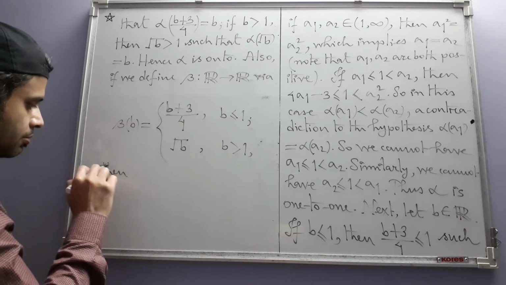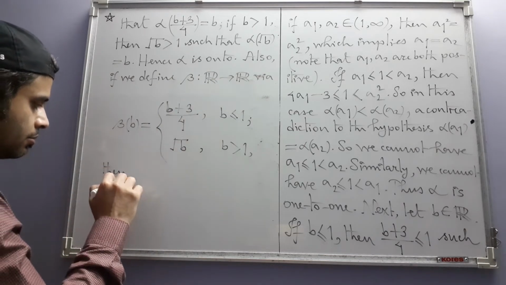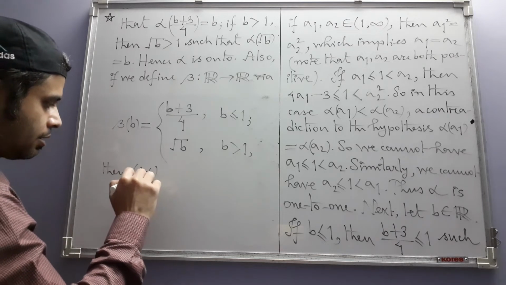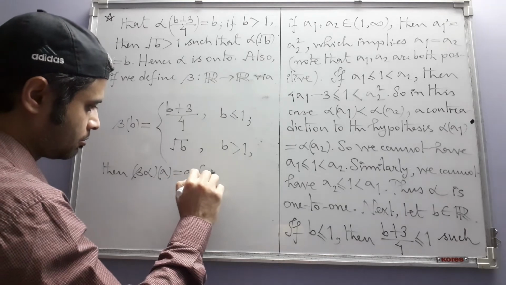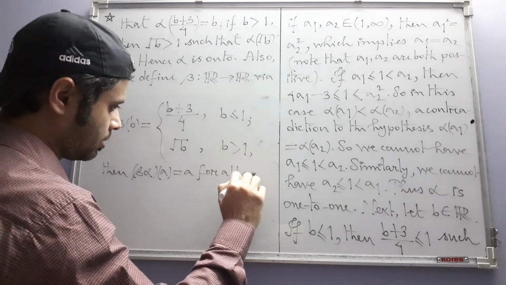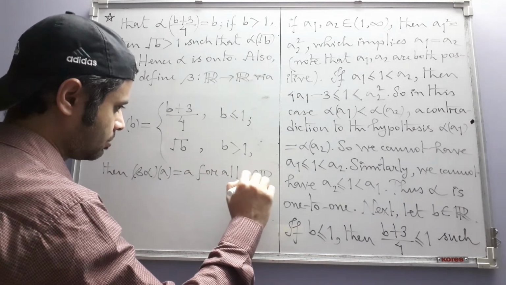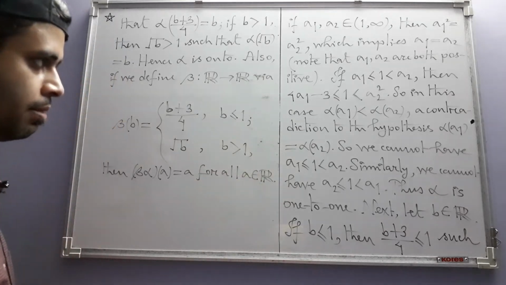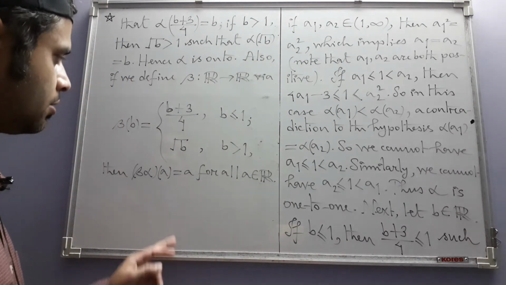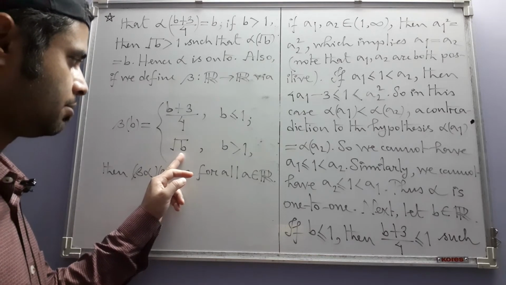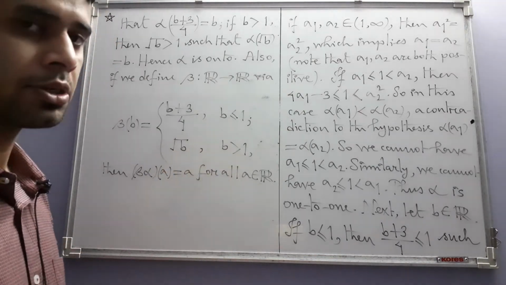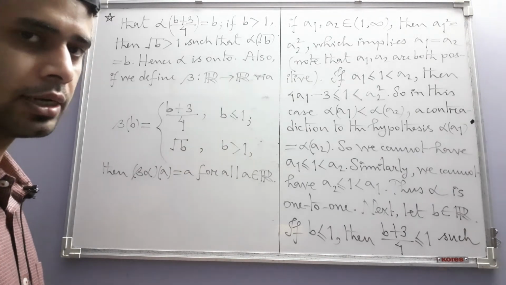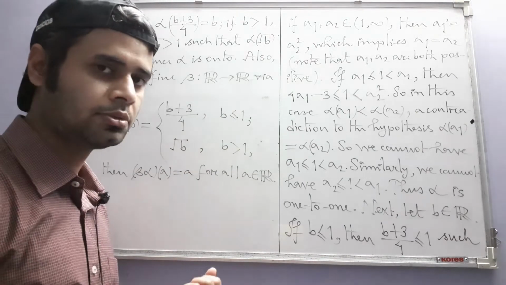Then beta alpha of A is equal to A for all A belonging to R. Just one more thing, note that here there is no problem in taking the square root of B because B is positive, so its square root exists, which is a fact you know from real analysis.